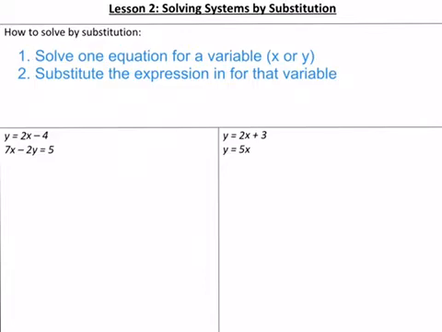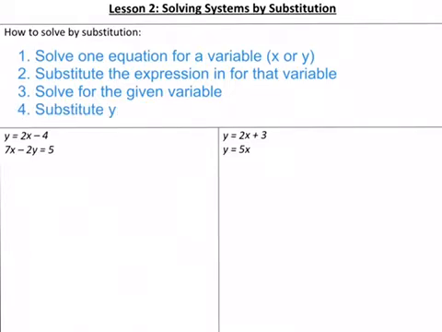And I'll show you this, of course, in our examples. And then solve for the given variable. Then the last thing you're going to do is substitute your answer into one of the equations.